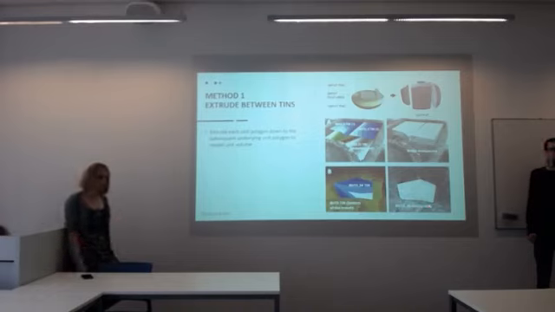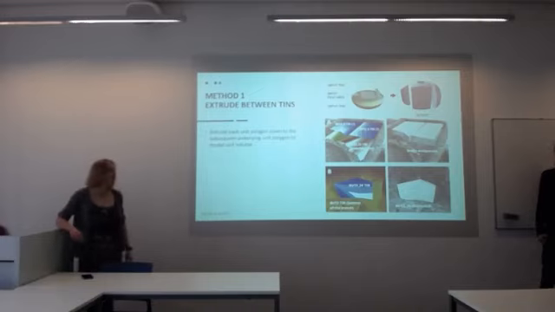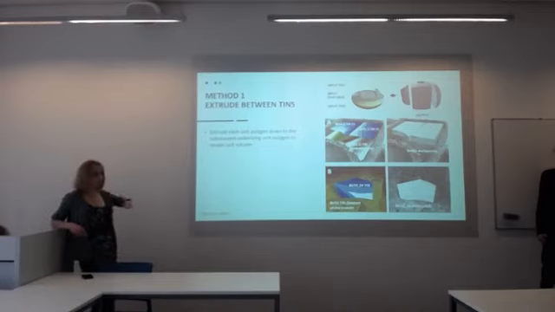And my second question was, this extrude between tins method presupposes that all your units are equal to each other and not butting, right? Did you find a way to work with units that cut each other, or overlap, or are more complex? No. With this method, all you have is the top and bottom.